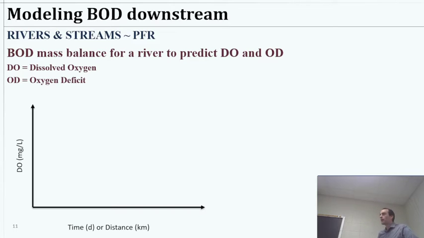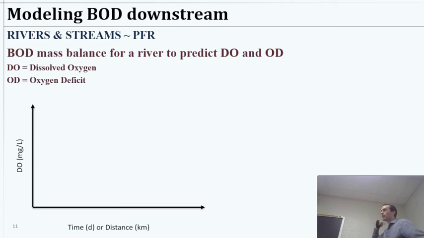Okay, so with that, the next target is to get a good way of understanding what's happening downstream. If we discharge some wastewater that we've treated or not treated, what's the impact downstream, and how far away is that impact going to be seen?